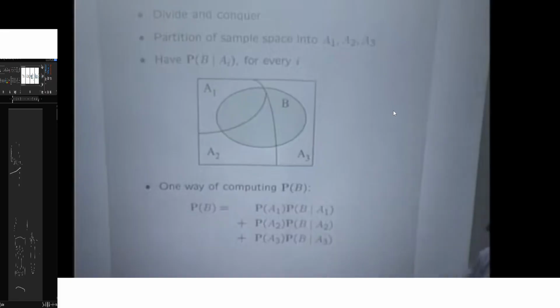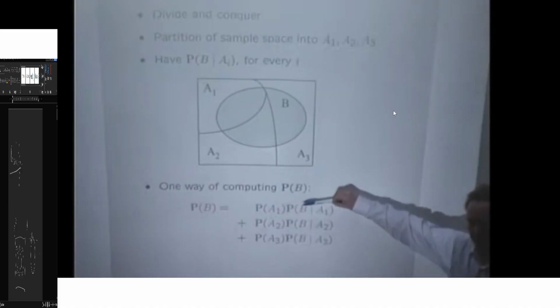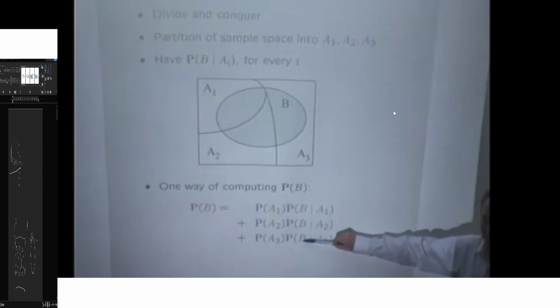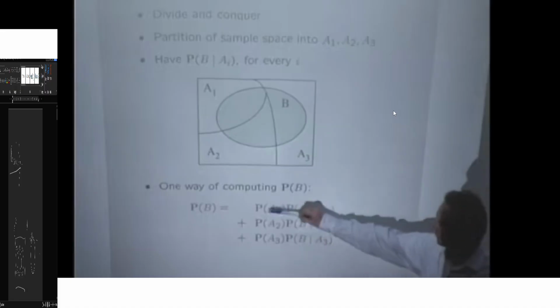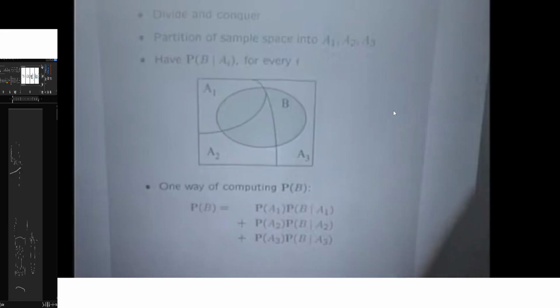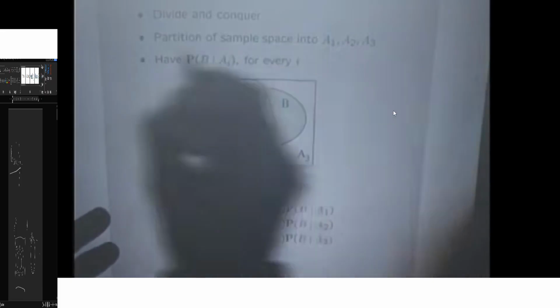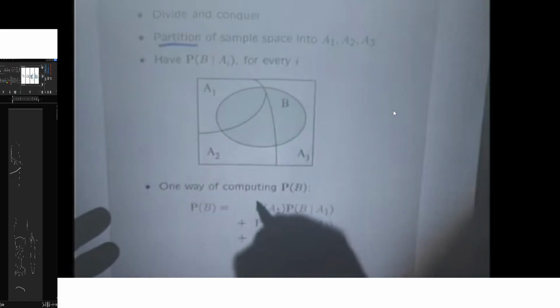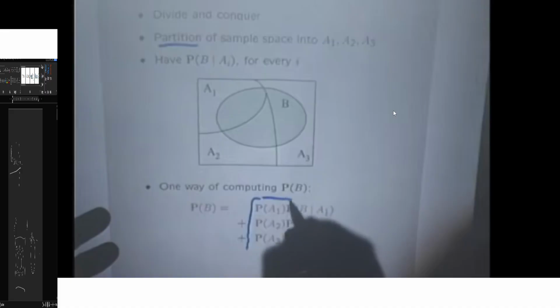The overall probability of B is found by taking some combination of the probabilities of B in the different possible worlds, in the different possible scenarios. Under some scenario, B may be very likely. Under another scenario, it may be very unlikely. We take all these into account and weigh them according to the likelihood of the scenarios. Now notice that since A1, A2, and A3 form a partition, these 3 probabilities have what property?